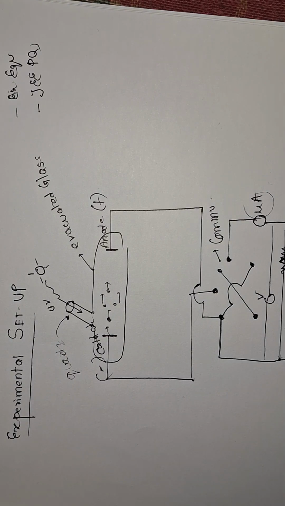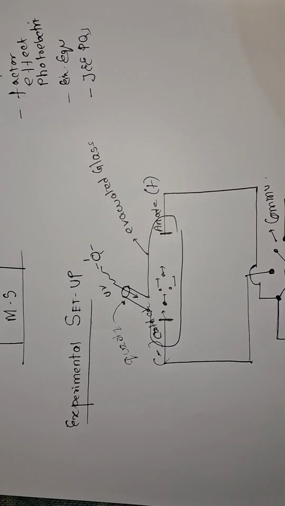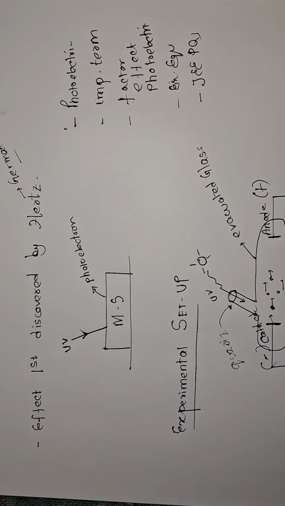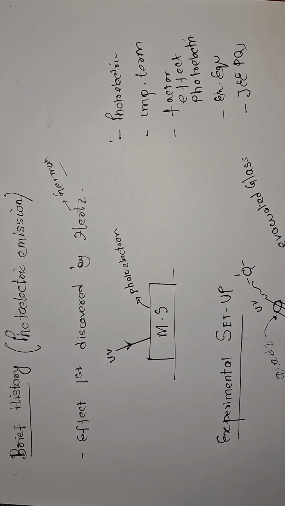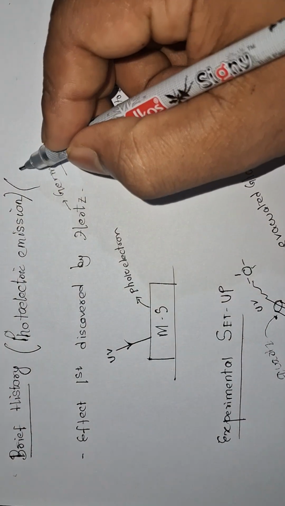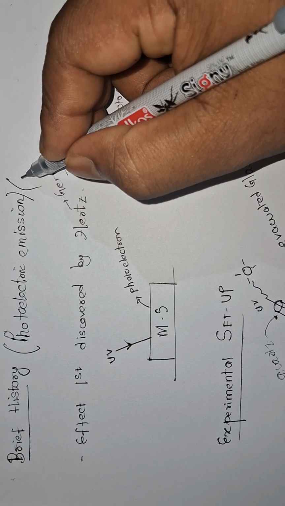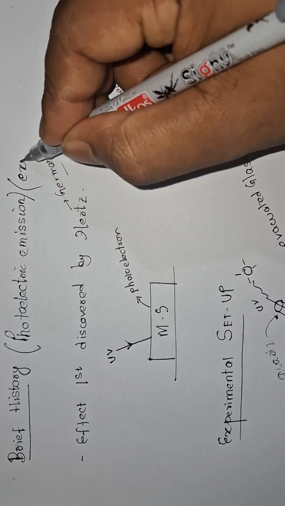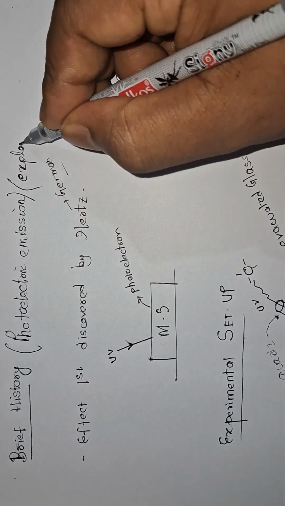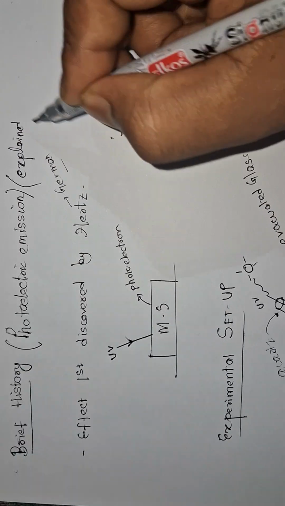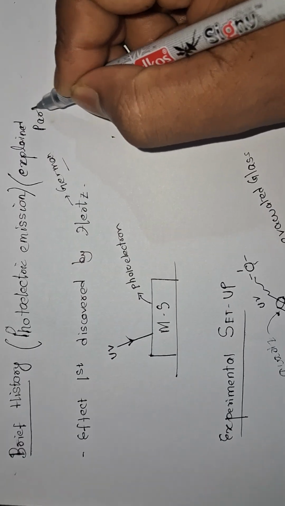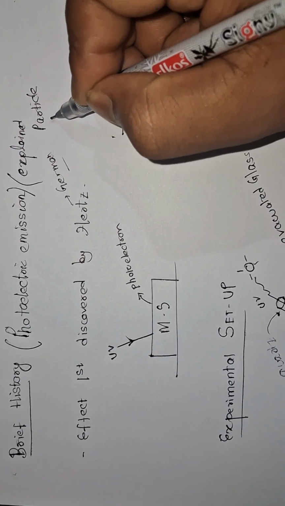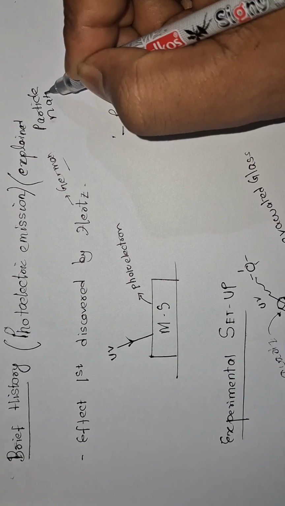Now, one of the most important features of this photoelectric emission is that it greatly explained the particle nature of light, and it was the main testament to the particle nature of light.